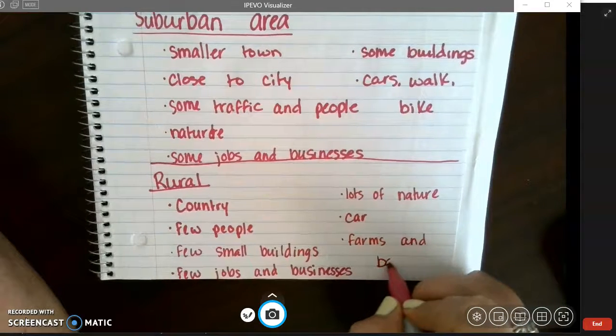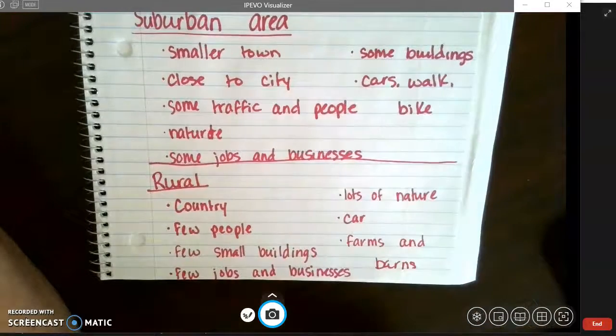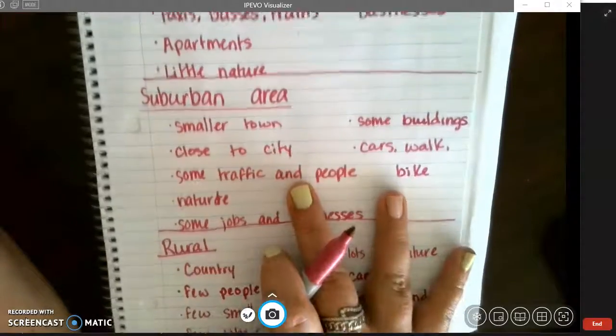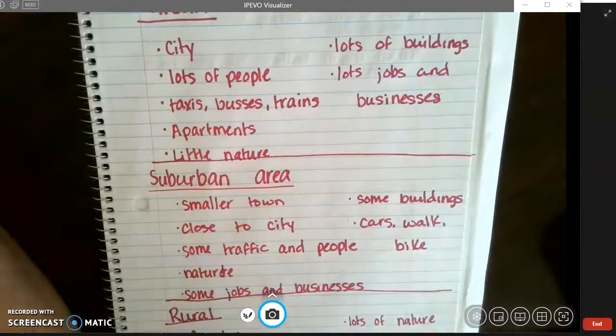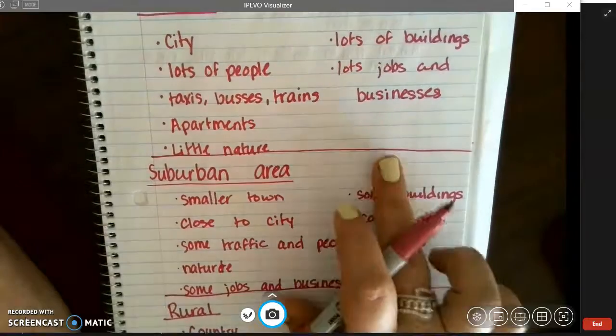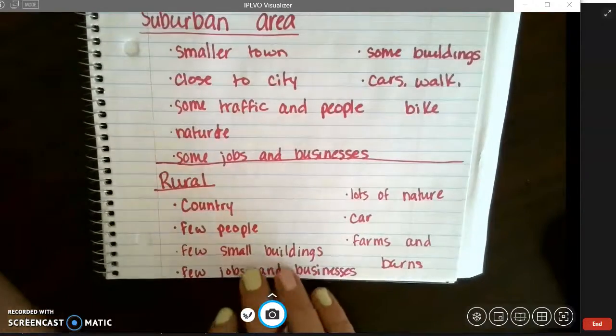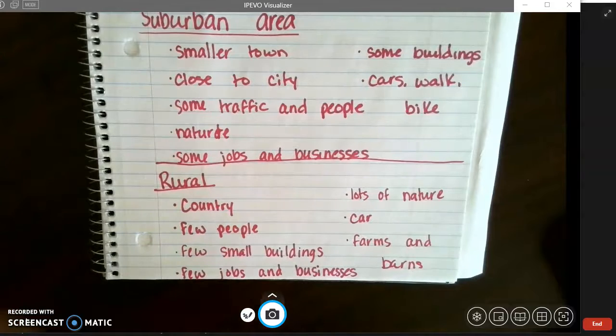Okay. So these are some characteristics of a rural area, a suburban area, and an urban area. I gave you a chance to pause on the top two, so I'm going to leave it up here so you can see the rural characteristics. I do want you to remember these.